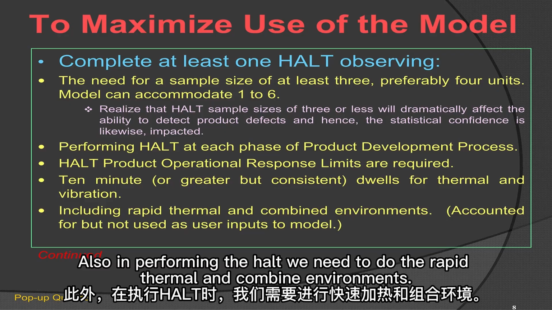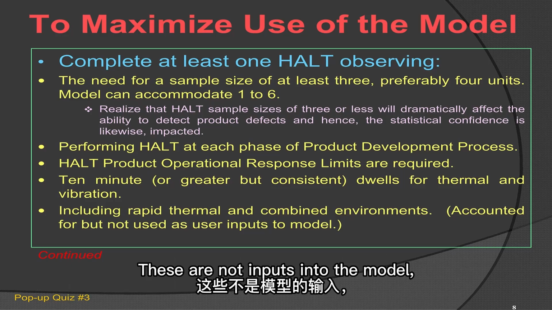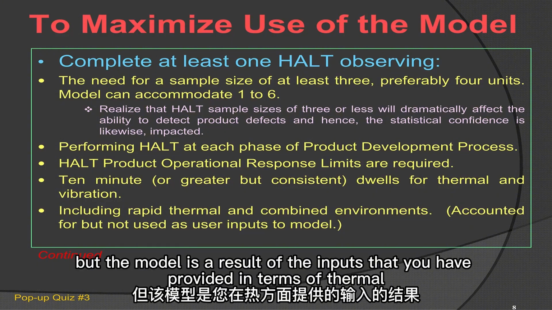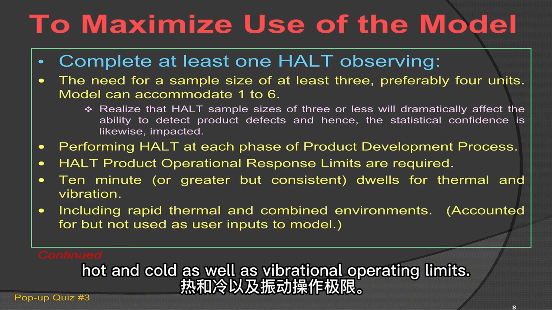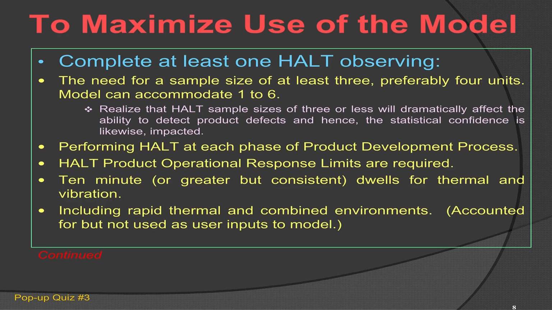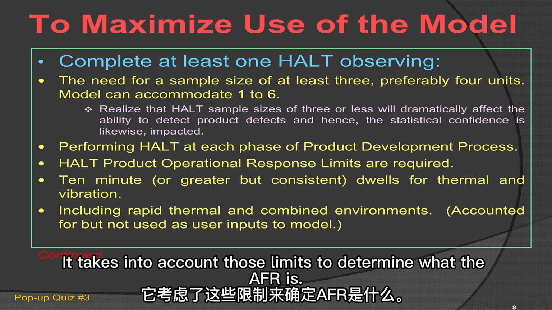Also, in performing the HALT, we need to do the rapid thermal and combined environments. These are not inputs into the model, but the model is a result of the inputs that you have provided in terms of thermal, hot and cold, as well as vibrational operating limits. It takes into account those limits to determine what the AFR is.